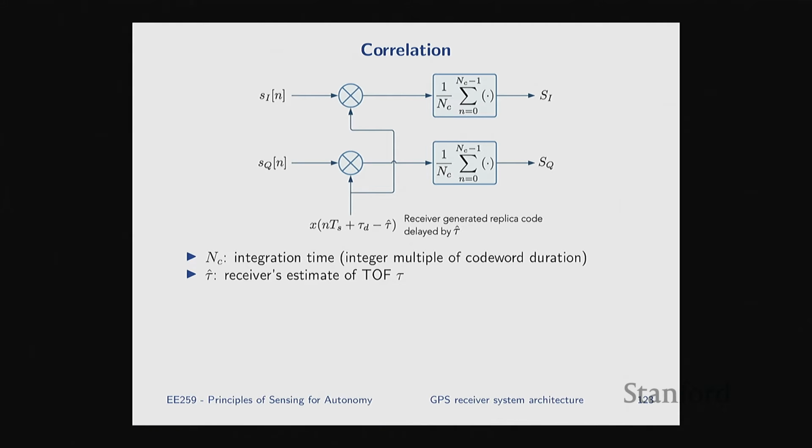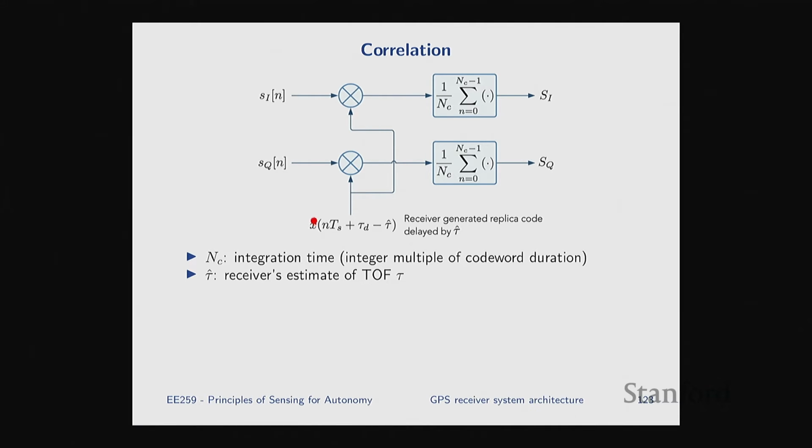So all we need to do is now run a correlation on this demodulated and Doppler compensated signal and find a peak. The way the receiver operates is instead of actually generating one fixed replica code and calculating the correlation for all possible values of n and then doing a peak search, instead it does it the other way around. It generates a shifted replica code by what it thinks the time of flight is.